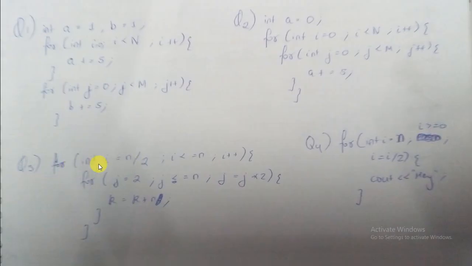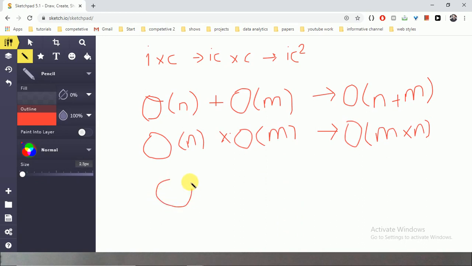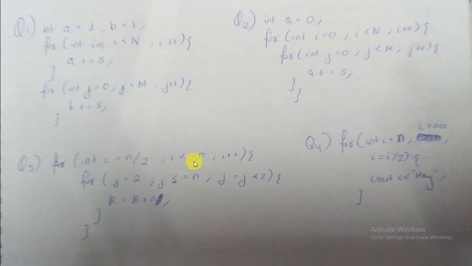In the third question, the i value goes from n by 2 to n, but the value is incremented by just 1. For the nested loop, it goes from 2 to n, but it is multiplied by a factor of 2. So the outer loop will be O of n only, because the value depends upon n and it is incremented by a factor of 1 only.